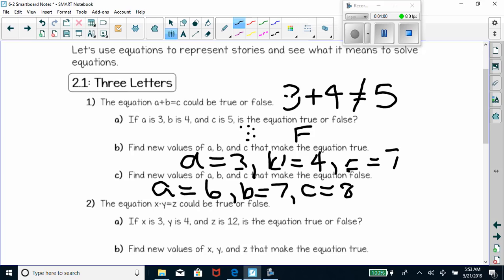And we know this is false because 6 plus 7 does not equal 8. And like I said, there's an infinite number of combinations that would make this equation false.